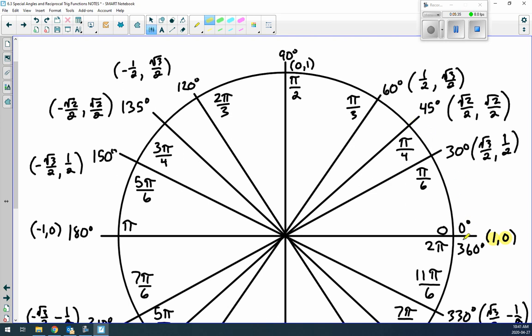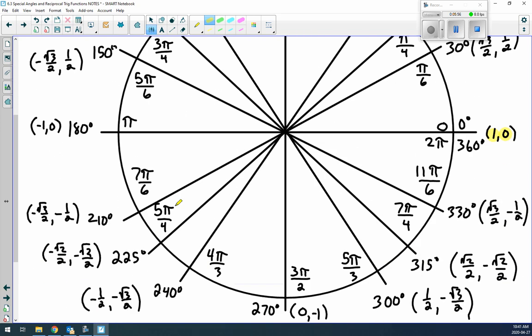Okay, now you keep that pattern going. So that's 1 pi over 4. And we add another pi over 4 to it. That's 2 pi over 4. And if you reduce that down, that's pi over 2. Keep going. 3 pi over 4, right? Oh, there it is there. It doesn't reduce down. 4 pi over 4, which reduces down to pi. 5 pi over 4, because we're just keep going up.